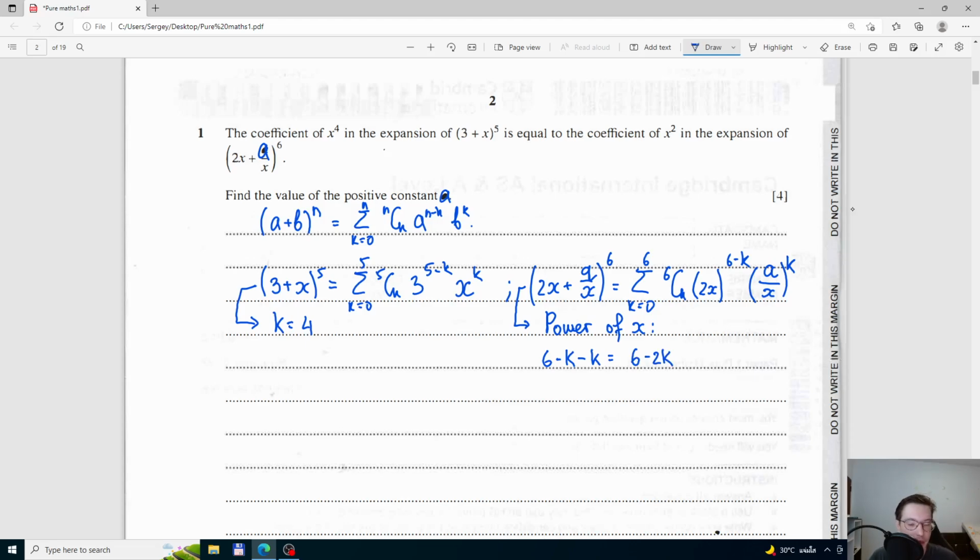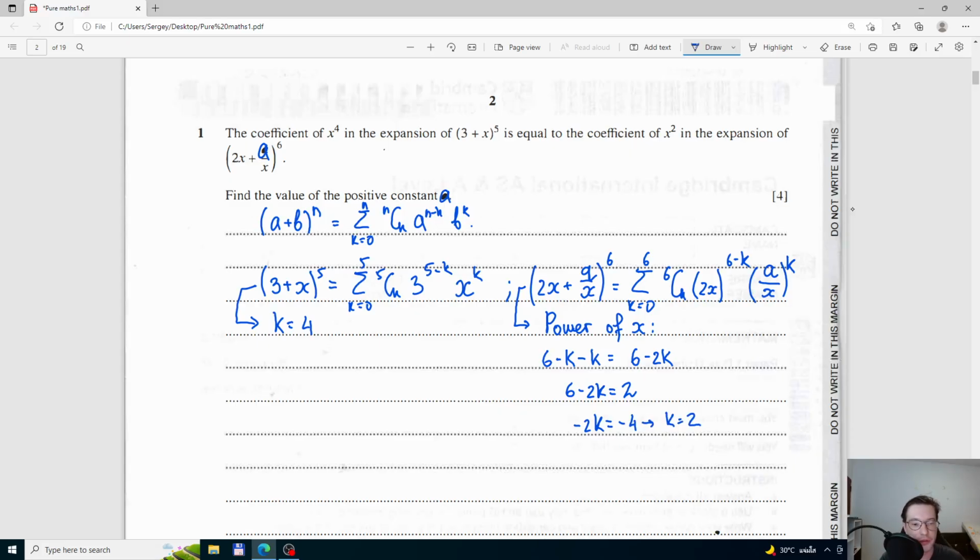Now, we know that we're looking for x to the power of 2. That means the power of x, which is 6 minus 2k, must be equal to 2. Solving this equation will give us minus 2k equals minus 4. Therefore, k equals 2.